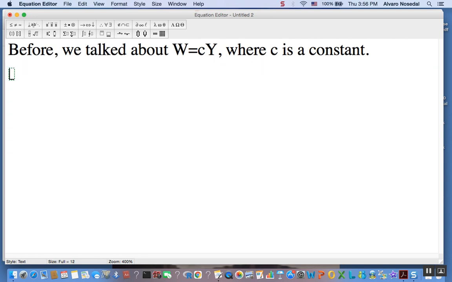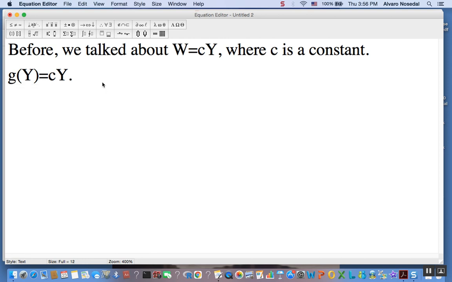Another way of expressing w would be g of y equals c times y. So this is using a function notation to refer to w, to that transformation.